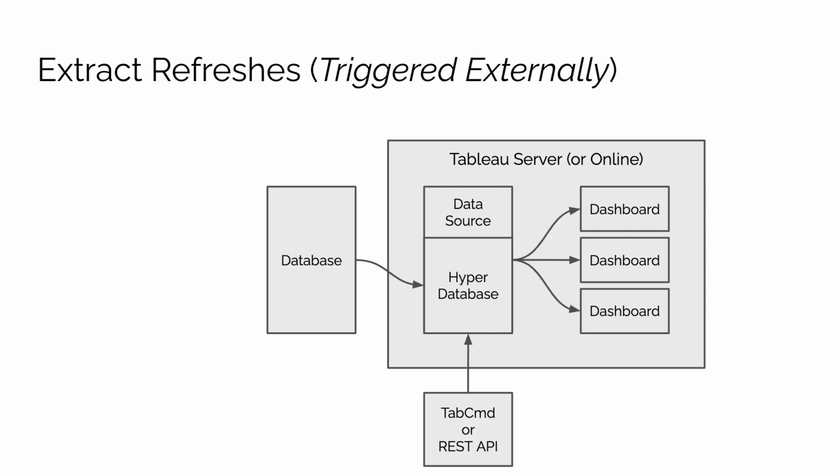So what we might like to do is, rather than saying to Tableau, okay, we want you to guess when this is going to be ready in the source data and perhaps run the job an hour later, we want to actually trigger the ETL job for the database externally, and the second that that's finished, we then want to send a signal to Tableau saying, okay, the source data is ready, you can now pull that information into your hyperdatabase, and that will be ready for the users.